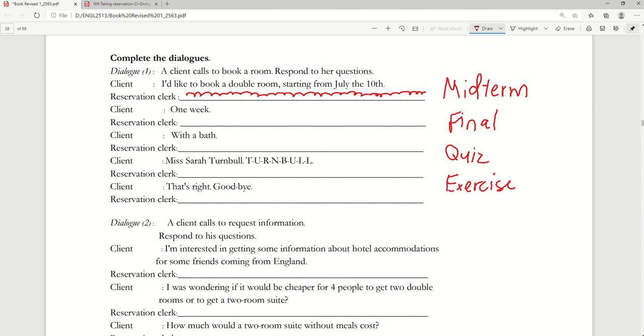You are given the dialogue and you have to complete it by making your own sentence. And the sentence must be relevant. What does it mean relevant?